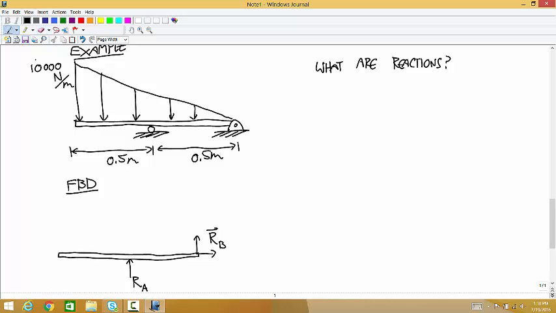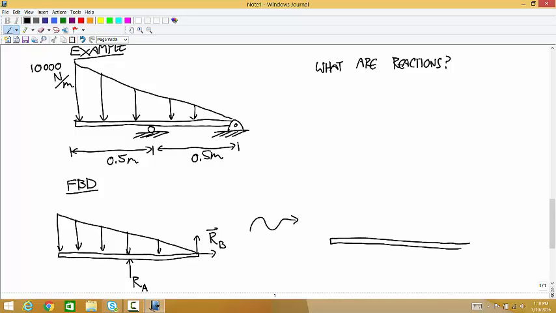And then we have the distributed load. And now we've chosen the body to isolate. So now it's okay to use those rules of distributed loads to represent this as a point force. So I'll redraw this free body diagram.